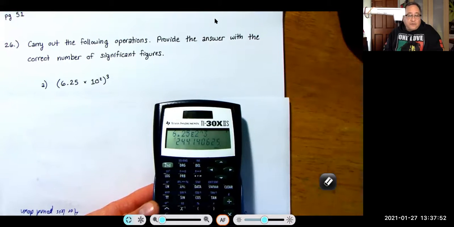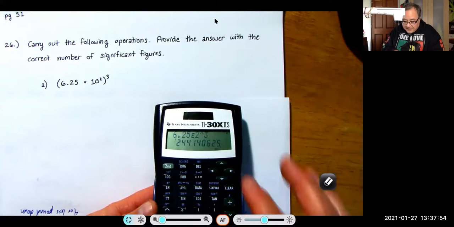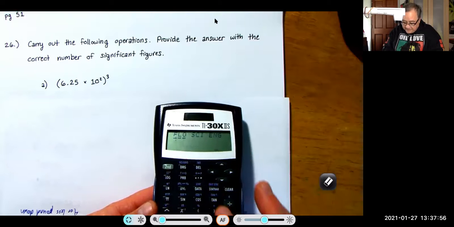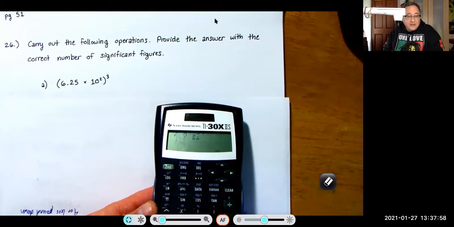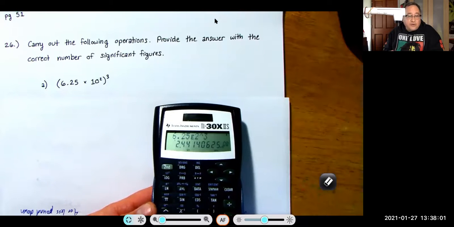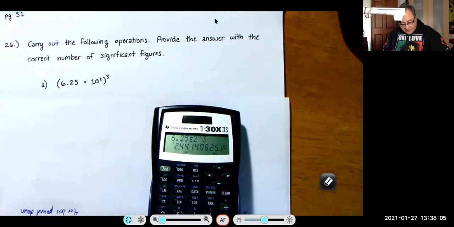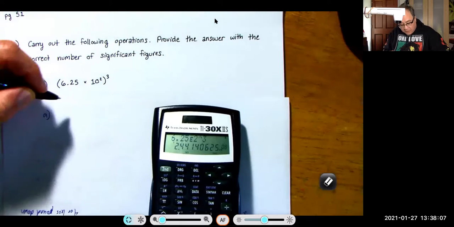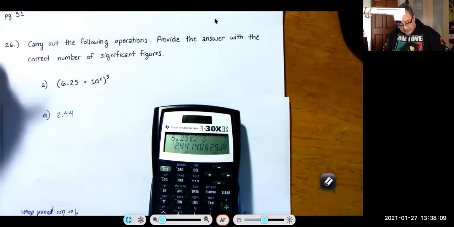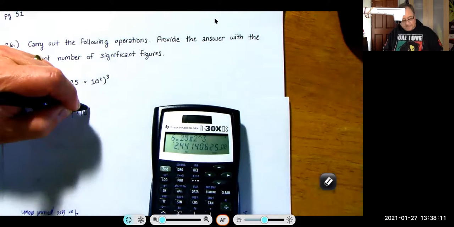And we get 2.44, and I'm going to change this to scientific notation. And we get 2.44 times 10 to the 8. So for A, we want to write 2.44, 3 significant figures, times 10 to the 8.